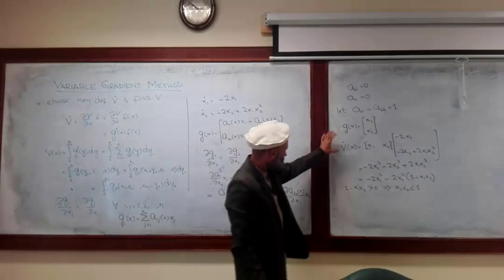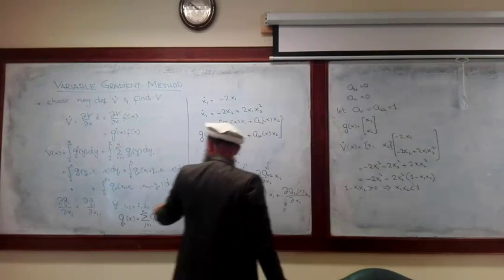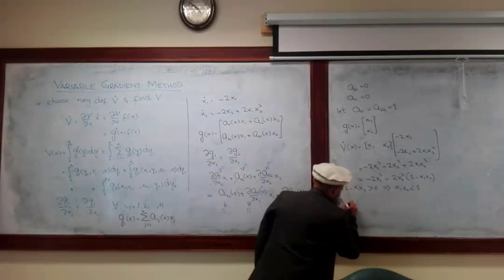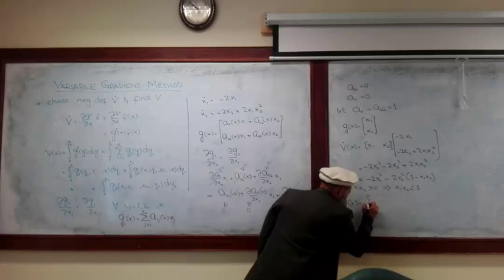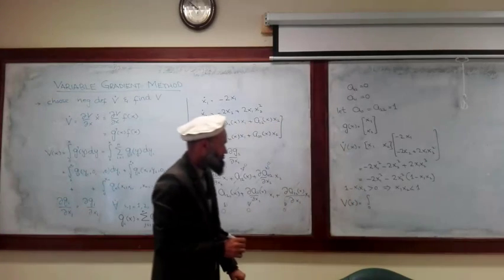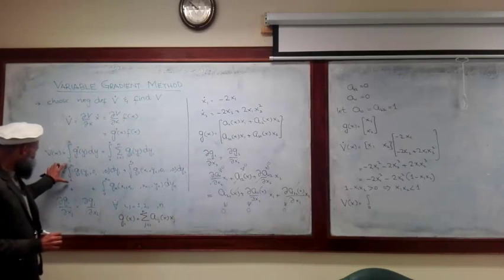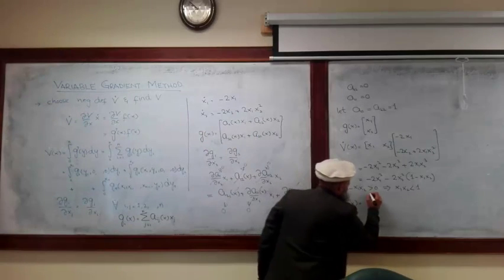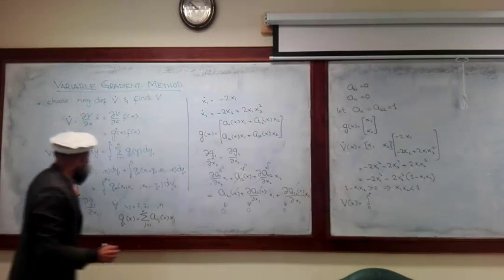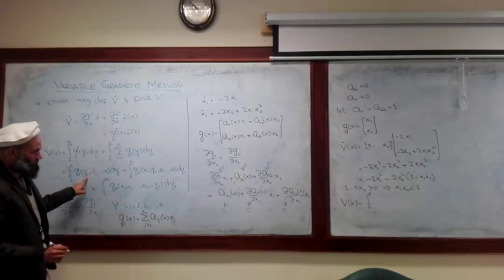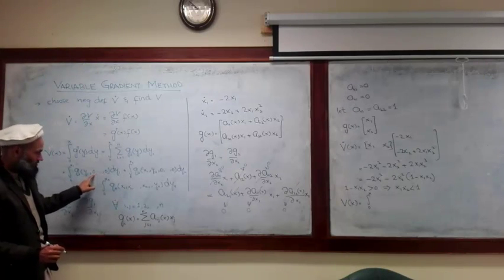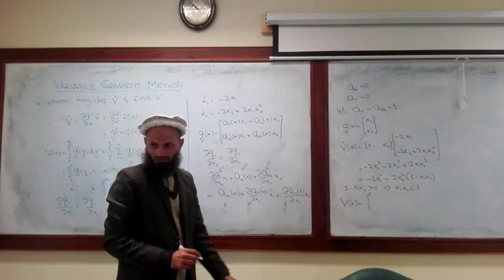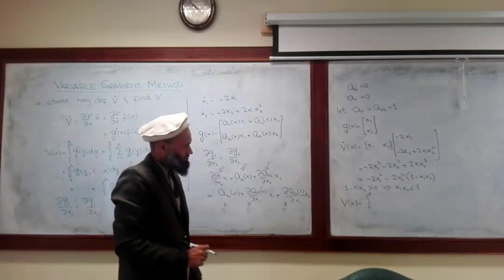Once we have determined G, then we find this V this way. So what is V of x? V of x is integration from 0 to x1 of g1 of y1 with all other arguments set equal to 0. What is g1?